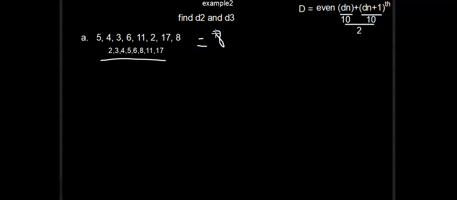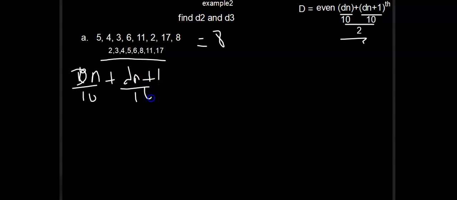Since this is even, I'm going to use this formula. For the decile, it will be dn over 10 plus (dn plus 1) over 10, the whole over 2. I'm looking for D2.